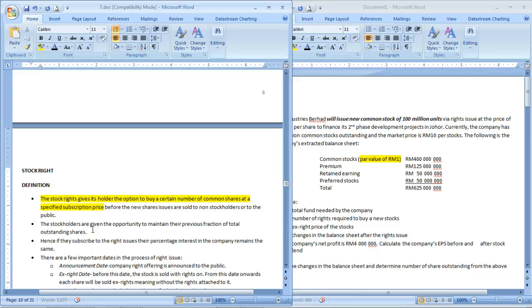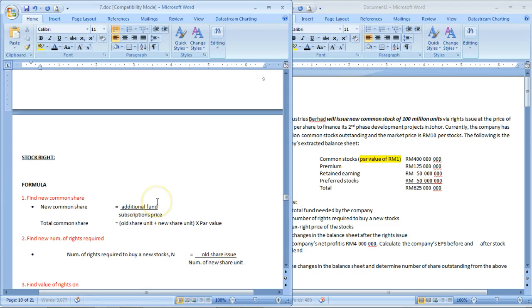If you sell to the public, the number of shareholders will increase, and the ownership of the existing shareholders will be lesser. So they need to issue the shares to the existing shareholders first.